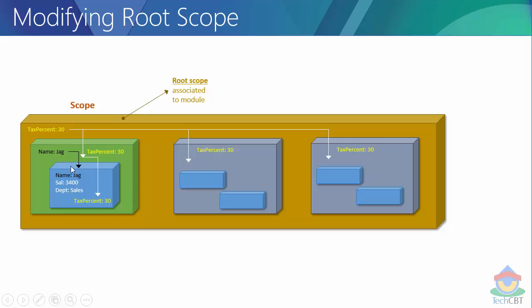This scope has only one nested child scope, but in this case I have 2 children, and in this case also 2 children. As I mentioned, root scope members are made available to all the children and even the nested children. So regardless of whether they are nested or not, as long as they are part of the root scope, all of them will have the same member automatically made available.